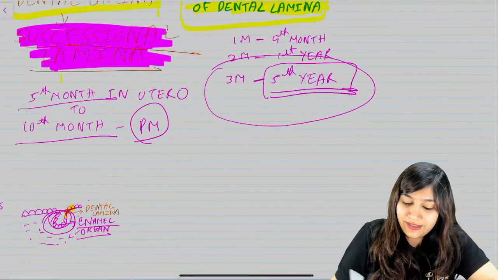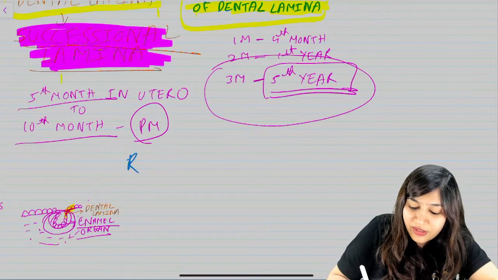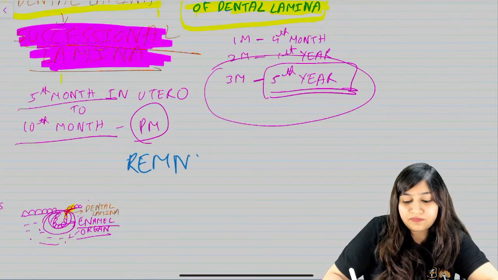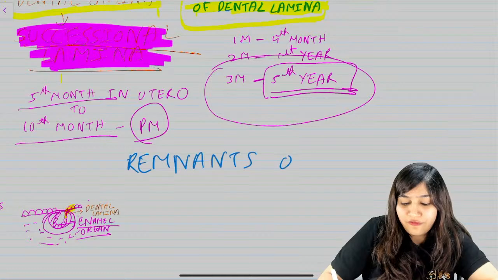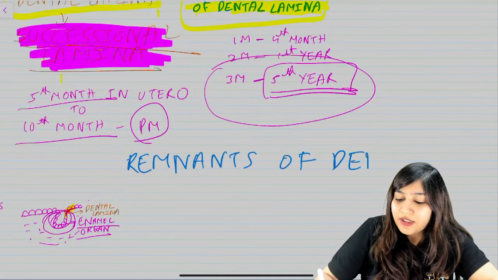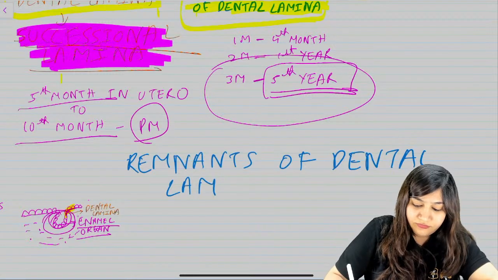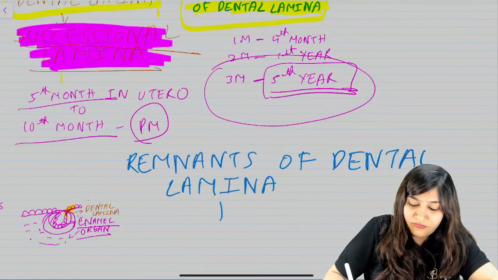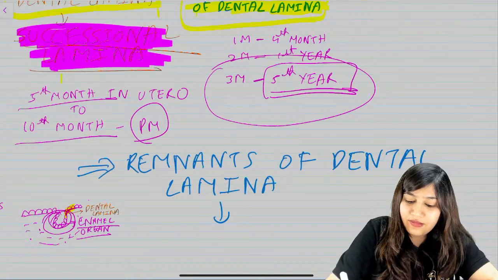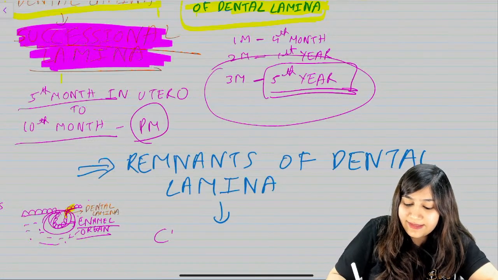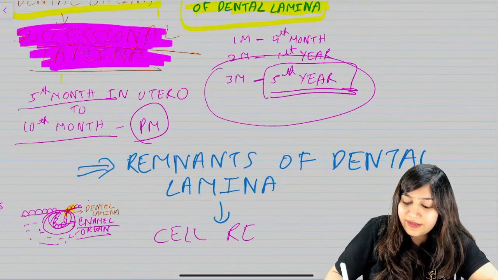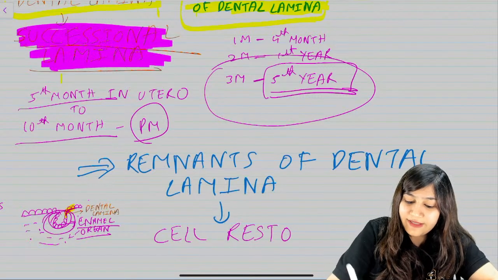So again, important question: remnants of dental lamina are known as cell rests of Serres.